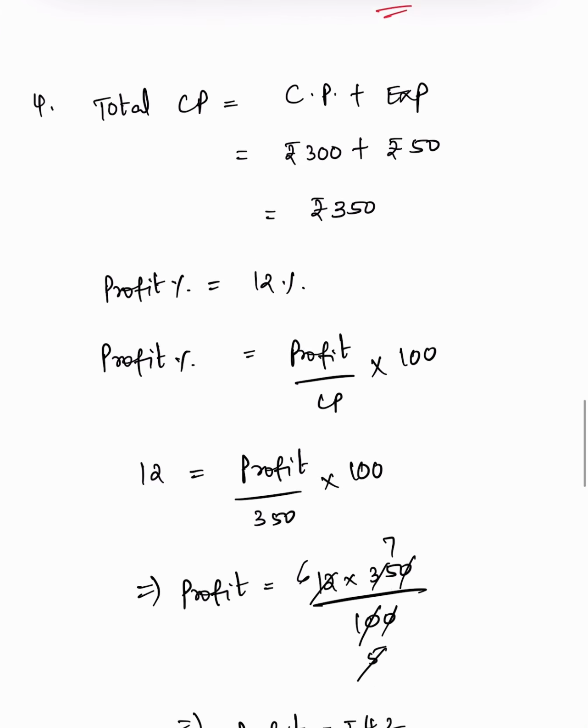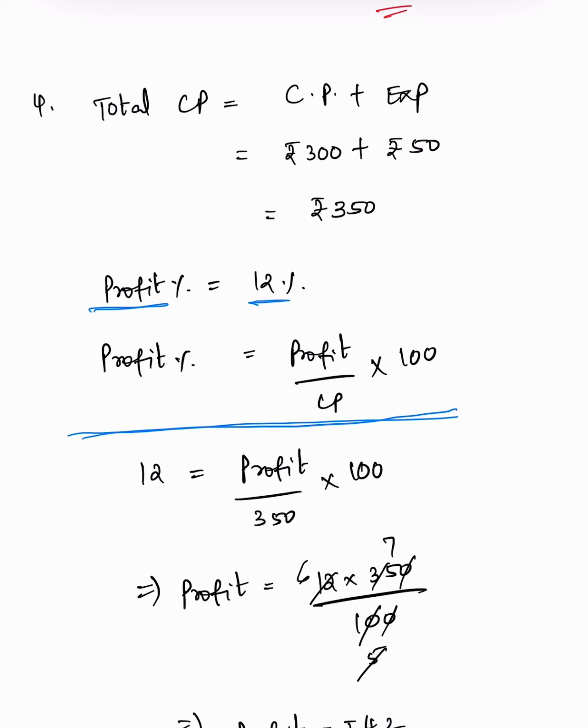Fourth problem. Total cost price equal to cost price plus expenses, which is equal to 300 plus 50, which is equal to rupees 350. Here the profit percentage is given. When we are given the profit or loss percentages, we have a formula here. Profit percentage is profit by cost price into 100.